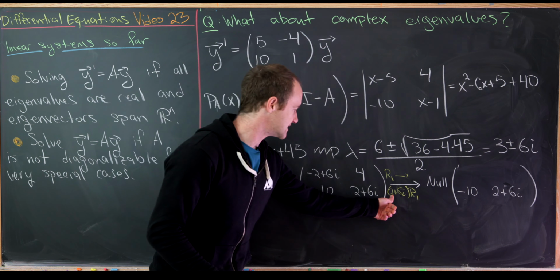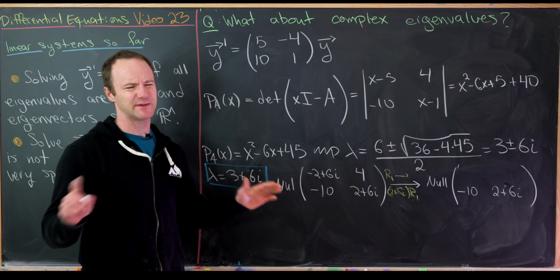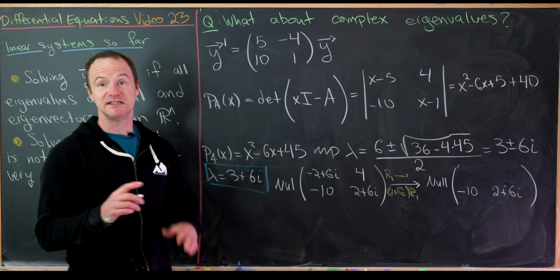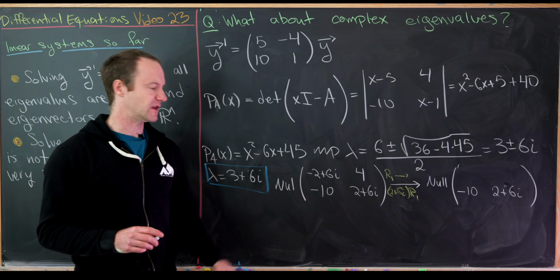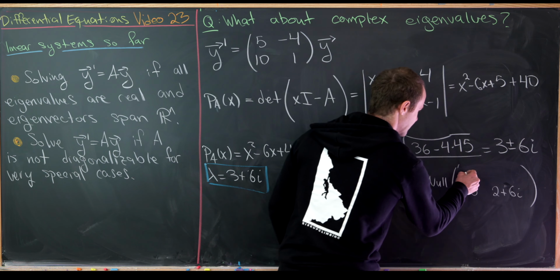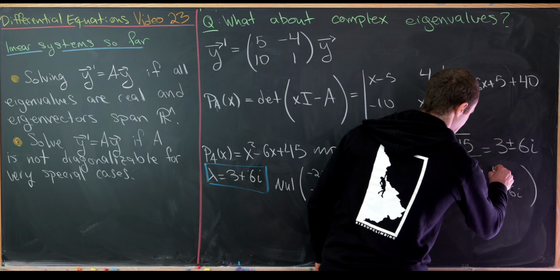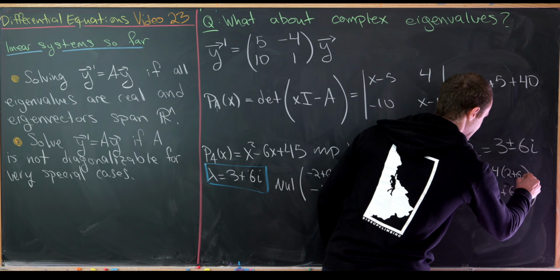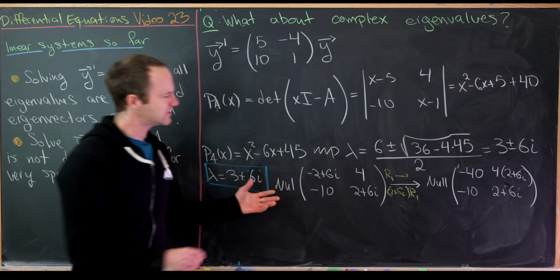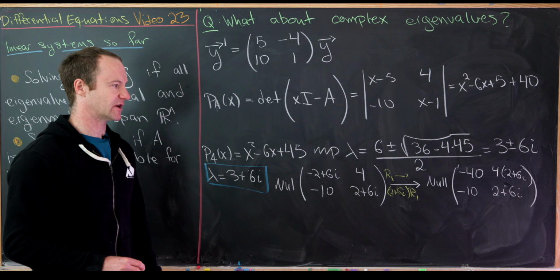That's because we've got negative 4 minus 36, and there are no cross terms because it's like a difference of squares, but involving the imaginary number. So here we've got negative 40, and then the easiest way to write the next term is just 4 times 2 plus 6i. But check it out, this first row is a multiple of the second row.